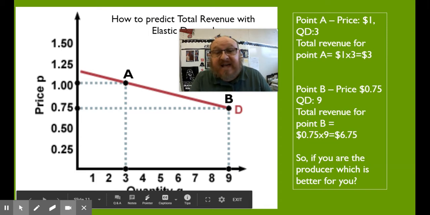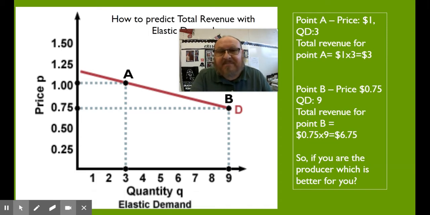This is very elastic, ladies and gentlemen. What that means is that this very little change in price caused a huge change in demand. So look at this: $3 to $6.75, it has more than doubled the total revenue that you're taking in. This is a big deal.